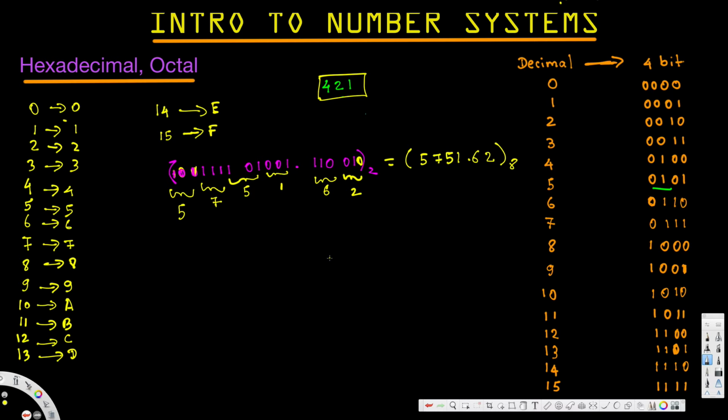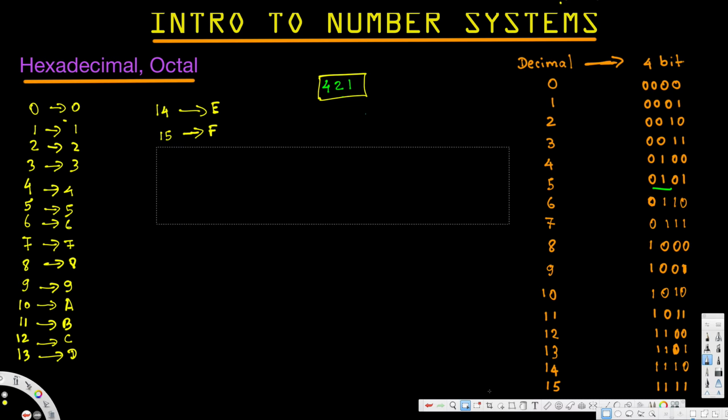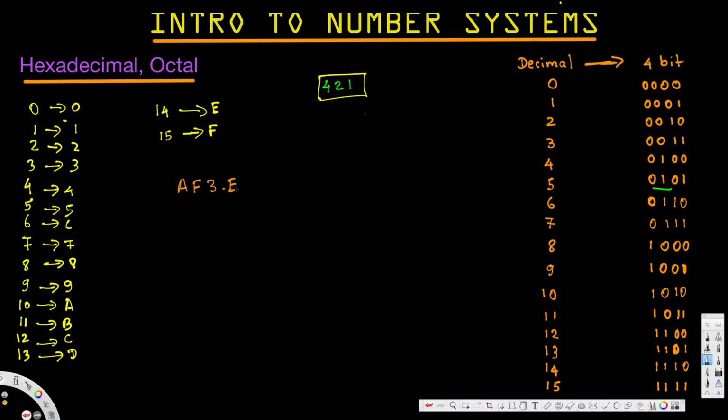Now let's see another example. Let's say we have a number like this, AF3.E4C, and the base is 16, and let's see how we can convert this one into octal.